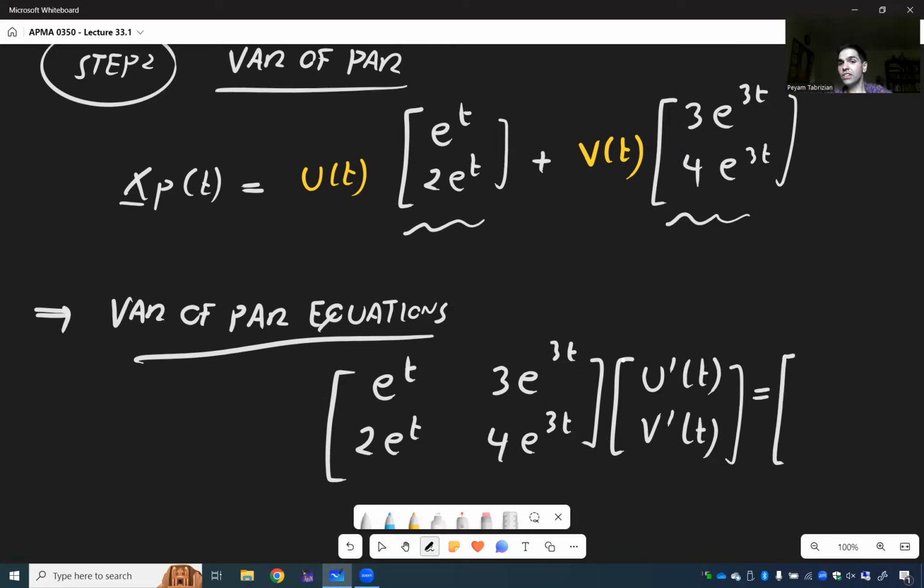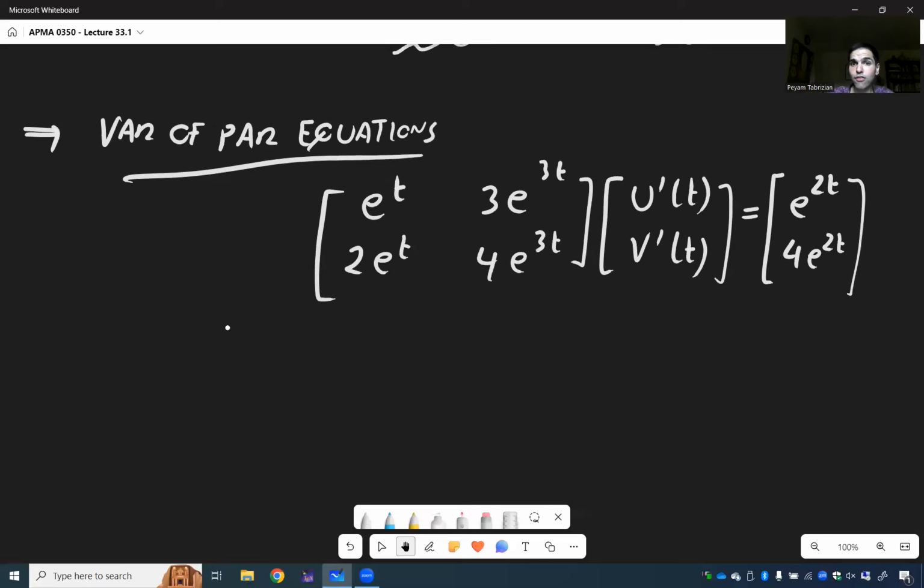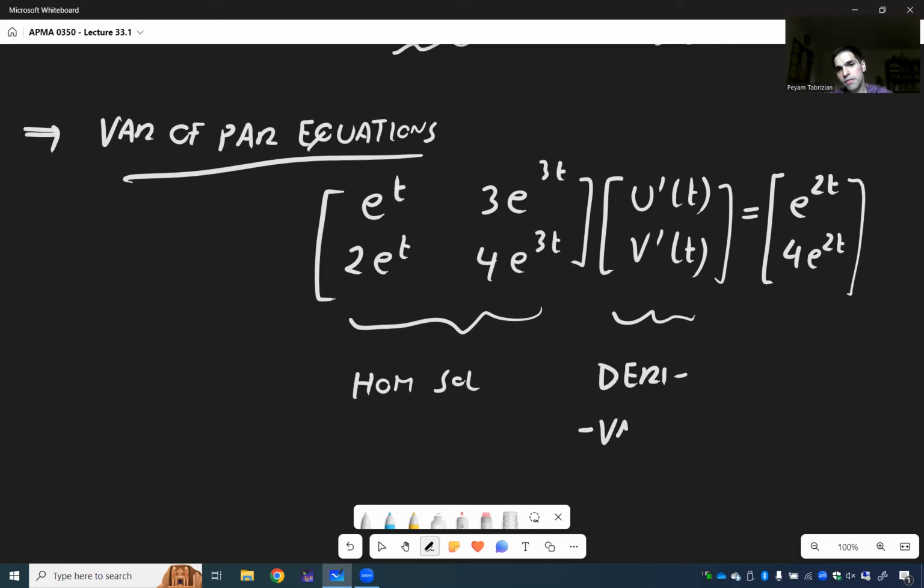And we need a vector on the right-hand side, which here is just the inhomogeneous term. So e to the 2t and 4e to the 2t. So in this case, the form is our homogeneous solution, derivatives, and our inhomogeneous term.